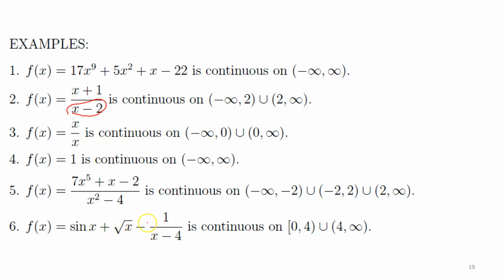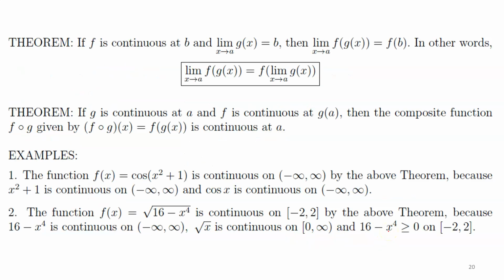So sama juga for trigonometric function, since it has a rational function over here. Ada bentuk pecahan juga dekat sini, so it is also continuous, but on this, only on this interval. Okay, so we have another theorem.